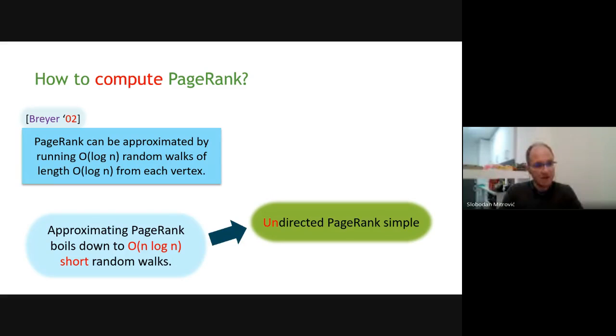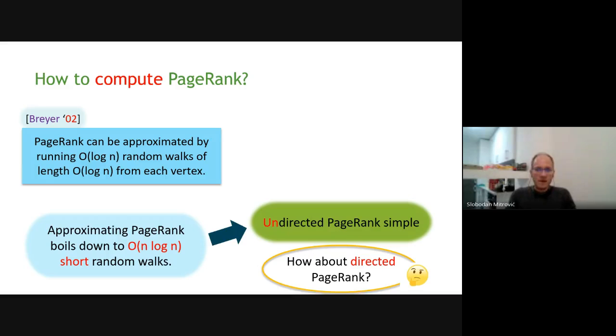We have all the tools in our hands. We know the stationary distribution for undirected graphs. We will compute a small number of random walks, and then we will use these random walks to obtain PageRank. Okay, good. But the challenge is on directed random walks, on directed PageRank.